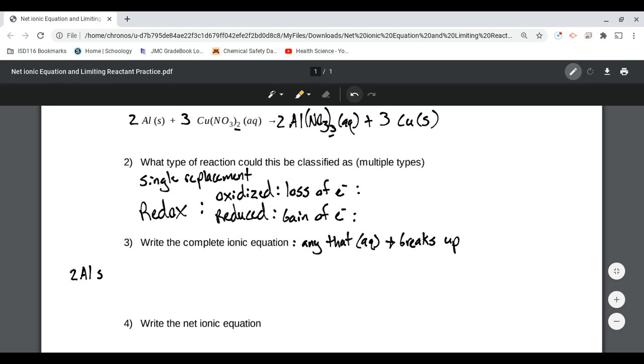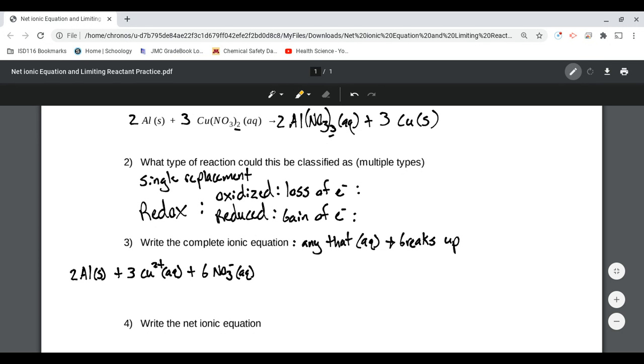So we're going to have Al(s), so solid aluminum, plus, if we look back at our original equation, we have 3 copper 2 nitrates, which means we're going to have 3 Cu 2+. We're going to include that charge, and then aqueous, include the phase label, plus a total of 6 nitrates, because we have 3 Cu(NO3)2, so a total of 6 NO3 minus, aqueous.